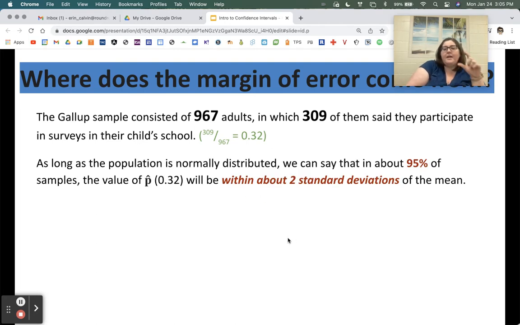So here's where the interval part comes from. As long as we know our population is normally distributed, then we can say that about 95% of samples should be within about 2 standard deviations of the mean.